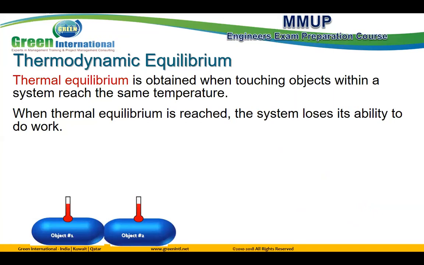Energy transfers until both have the same temperature. So there is no temperature difference and no heat transfer, and we can say the system is in thermal equilibrium. If this is thermal equilibrium, what is mechanical equilibrium?